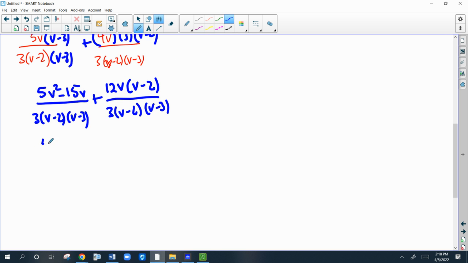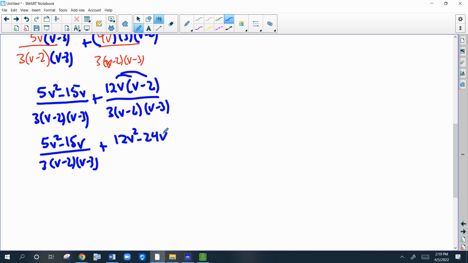So I have 5v squared minus 15v over 3 times v minus 2 times v minus 3 plus distribute 12v squared minus 24v all over that common denominator.